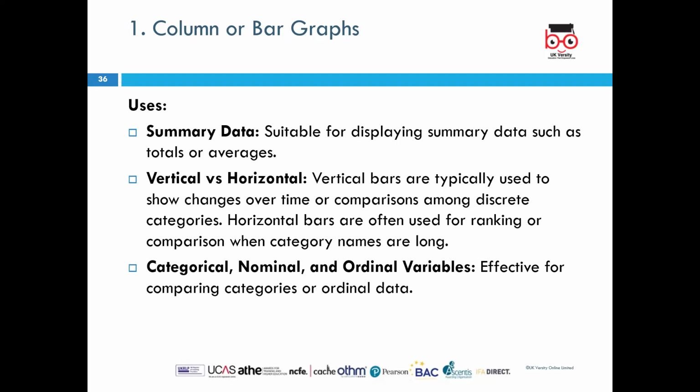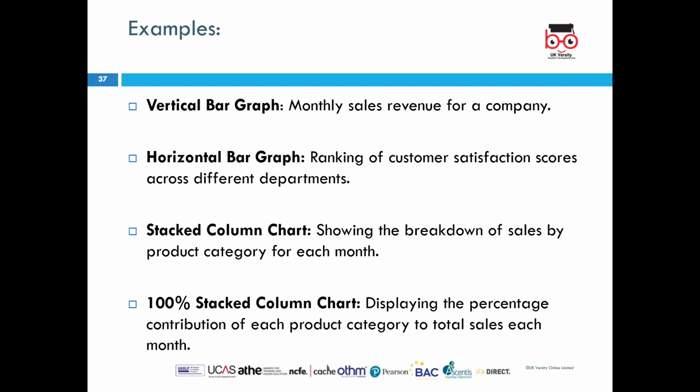With the first one, these are suitable for displaying some summary data such as totals and average. Vertical is typically used to show changes over time. And lastly, with categorical, nominal, and ordinal values, these are going to be effective for comparing categories or ordinal data.